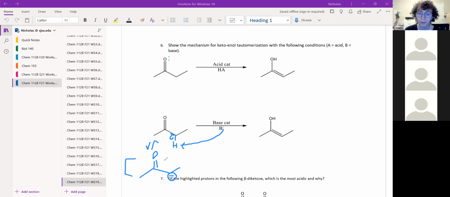And what can we do with this negative charge to move towards the enol form? It's actually something we've already done, like in a different question. More resonance forms? Push it towards the carbonyl oxygen.